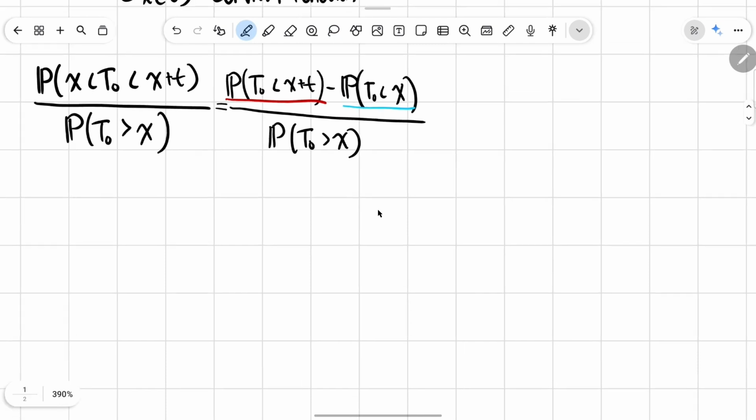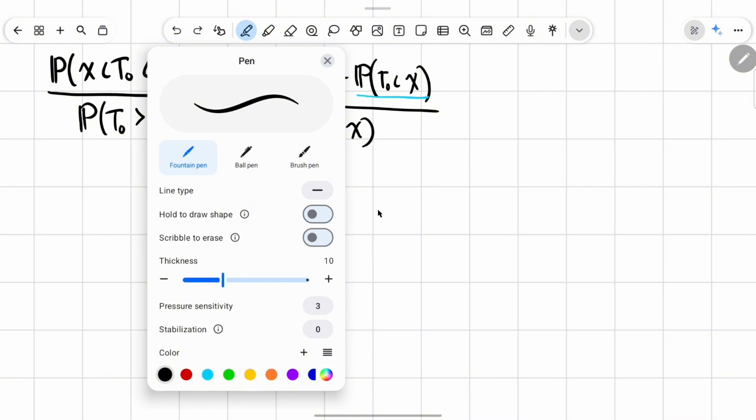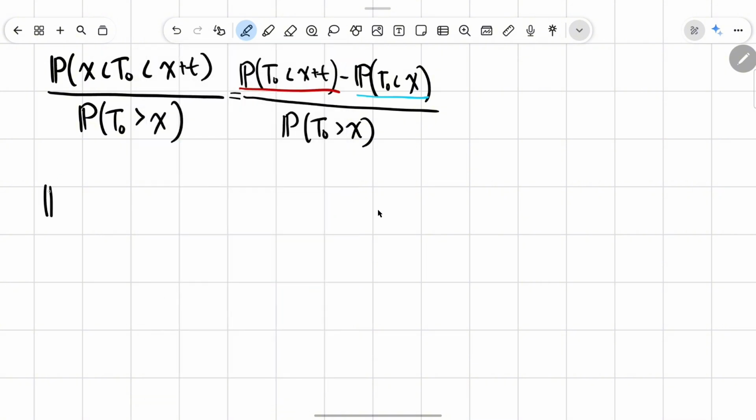So now, what does this tell us? P of T0 is less than x plus t tells us the probability that the person age x will die within x plus t years.